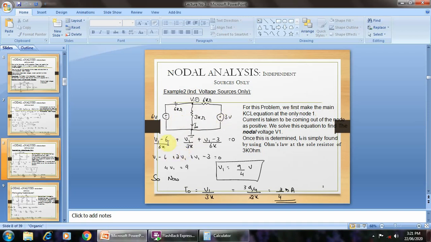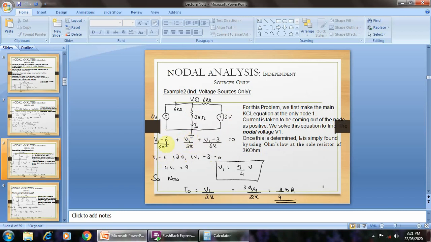Therefore (V1 minus 6) upon 6 kilo ohm plus (V1 minus 0) upon 3 kilo ohm plus V1 upon 3 kilo ohm plus (V1 minus 3) upon 6 kilo ohm is equal to 0. Then the denominator should be the same, so we multiply the middle terms by 2.